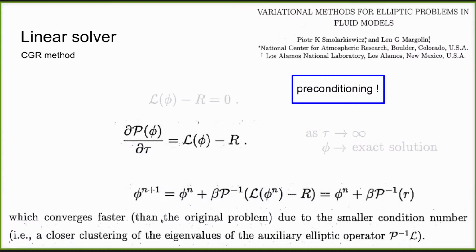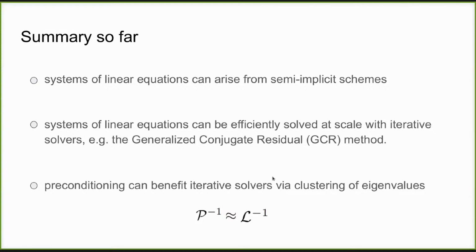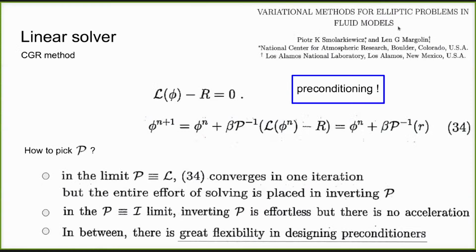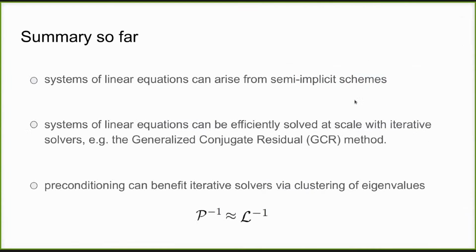You need to do one or two more steps from here to get the exact algorithm we see in the main paper today, but these steps are described in here. And then preconditioning can benefit iterative solvers by clustering the eigenvalues. One way of achieving this would be to pick a preconditioner whose inverse is the inverse of the linear system.